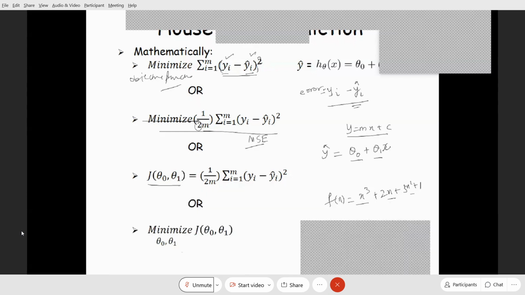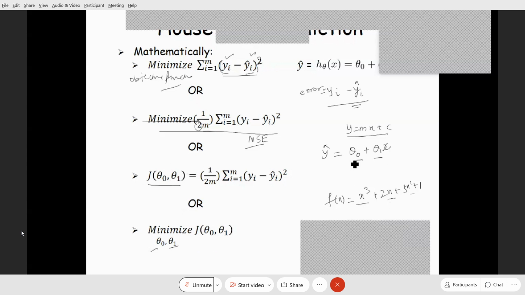So what did I say? This is the objective function, and the objective is to minimize this J theta, the mean squared error. We need to find the point of minima, and the corresponding values of theta 0 and theta 1 are going to be optimal for your equation of the line. It means that this point of theta 0 and theta 1 is going to define the line which is closest to most of the points in the given data set.